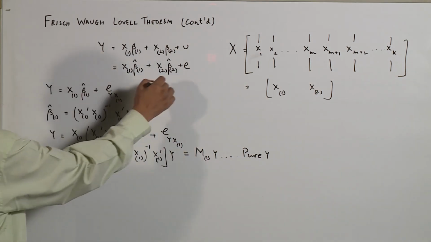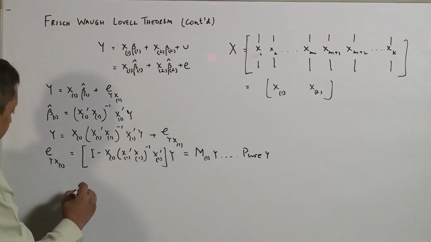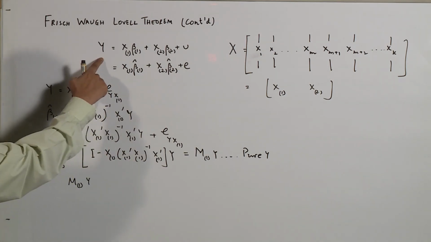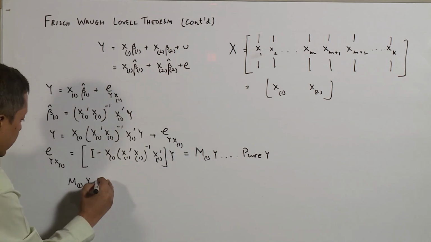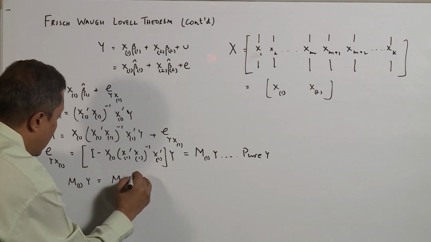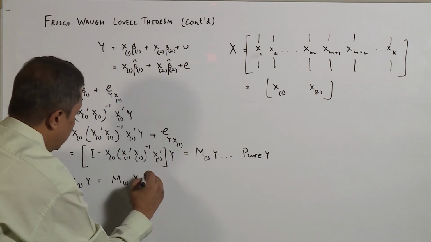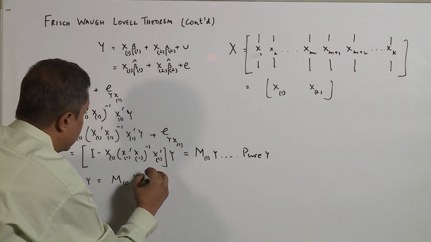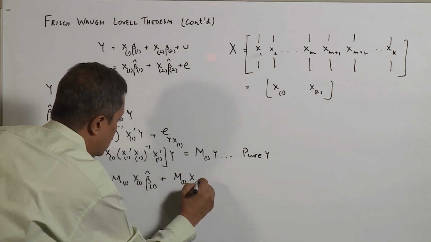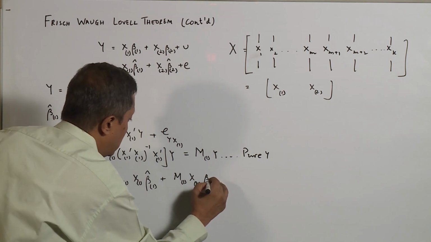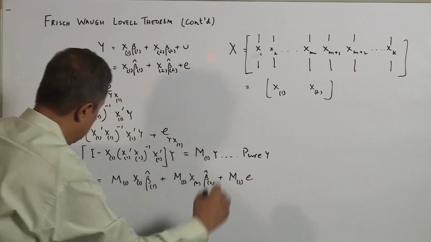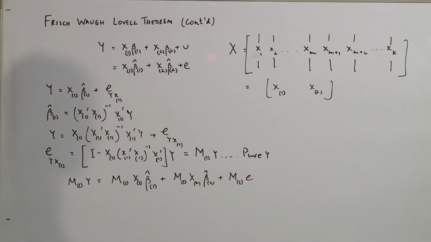So, from this basic relation, we can write M1 times y. From the first or original relation, we can write M1 y is equal to M1 x1 beta 1 hat plus M1 x2 beta 2 hat plus M1 times E. Now, let us recall the properties.